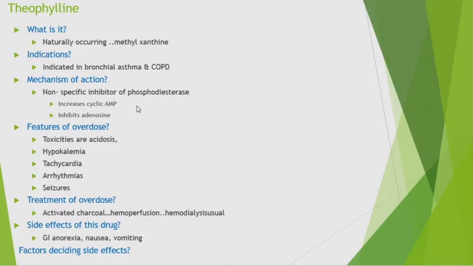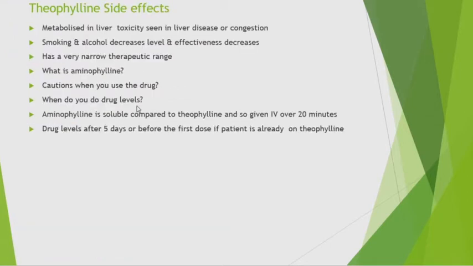And people who have liver disease, since this drug is metabolized in the liver and excreted through the kidneys. So with congestion of the liver, hepatitis or cirrhosis, the drug will not be metabolized and it can get into trouble. So toxicity is seen in liver disease, particularly heart failure.